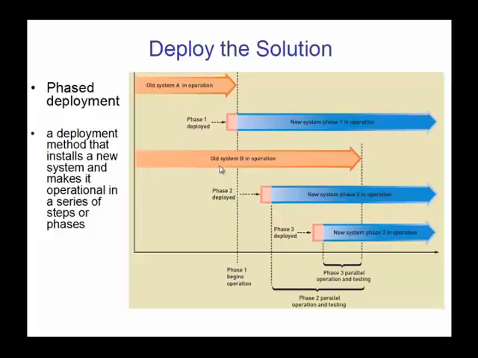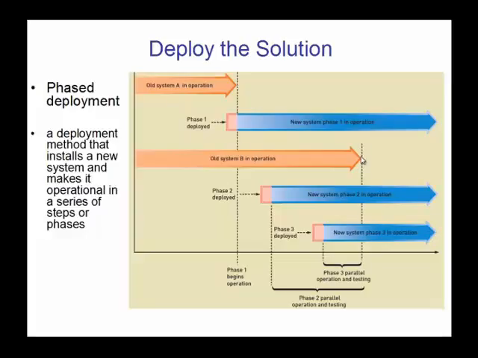So old system B continues to operate, but yet we deploy phase two in parallel to old system B. And then a little bit later, we can deploy phase three of the new system, again in parallel to old system B. And then once we're sure everything is working okay, after having done this basically parallel approach to these phases, then we can turn off and get rid of old system B and continue on with phase 2 and phase 3.